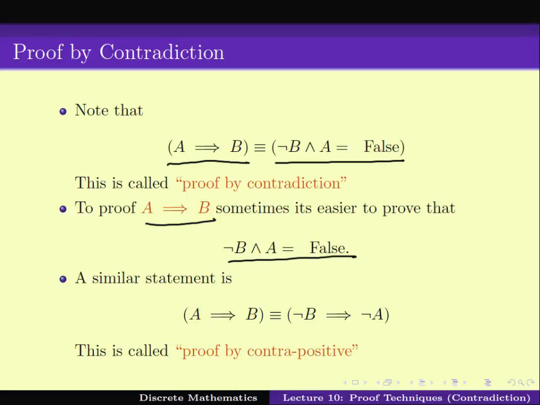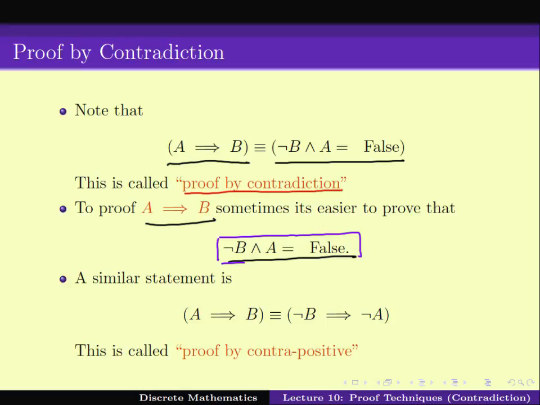This is what is called the proof by contradiction. So if you are asked, assume A and then prove B, then what you can prove is this statement, namely not B and A is false.